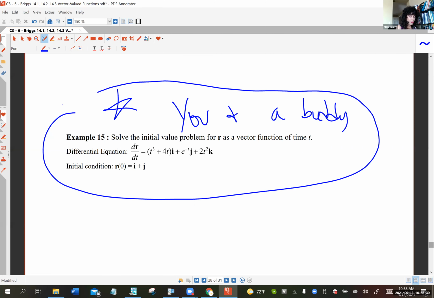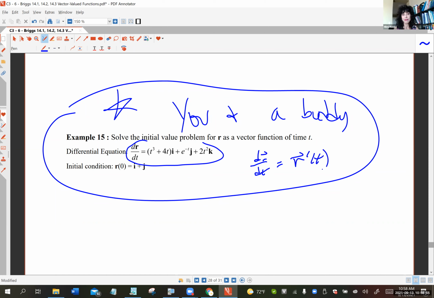Let me start walking you through it before I throw you into the breakout rooms and you can talk to your partner. They're giving you a derivative of a vector valued function. They're calling it dr/dt, which, if I use notation, is the same as r prime. So they're giving you a velocity vector. Okay, great. And they're giving you an initial condition of position.